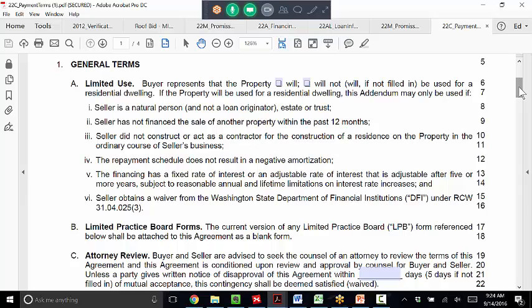So these requirements are a direct result of the Dodd-Frank legislation, and they're basically making sure that, hey, just because you're a seller and you intend to carry paper for this buyer, you're still bound by these same rules. You can't do negative amortization. You can't do prepayment penalties and all this other stuff.